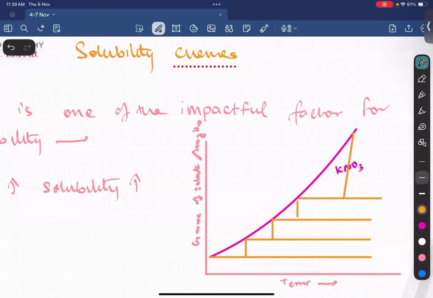So here the slope is very different. It means there will be a rapid increase in solubility with temperature. When we draw this kind of curve, we are examining the grams of solute dissolving in 100 gram water at different temperatures. So we get the curve known as the solubility curve. Any question?